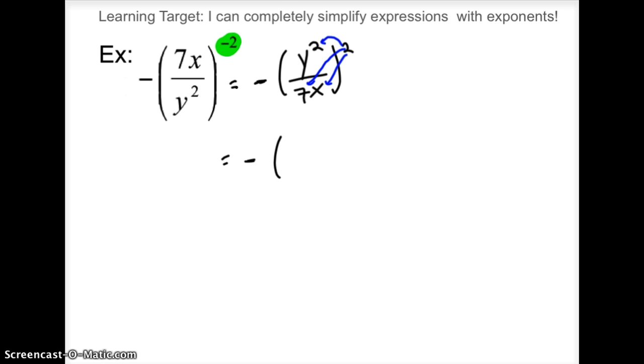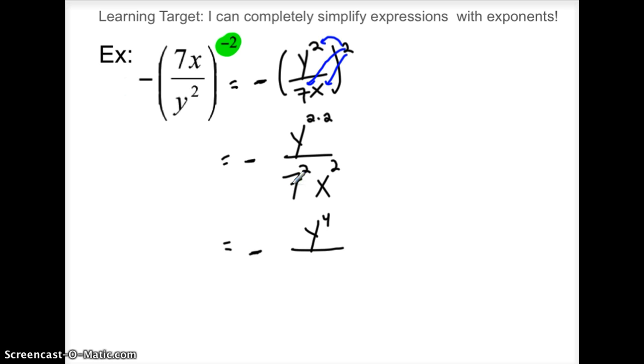So we're going to have, whoops, I shouldn't have drew that parenthesis. Doggone it. All right, here we go. On the top, we'll have y. We're going to multiply those powers. 7 gets squared, and x gets squared. Okay, notice how I keep tagging that negative along in front.